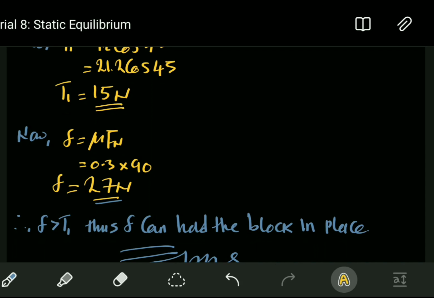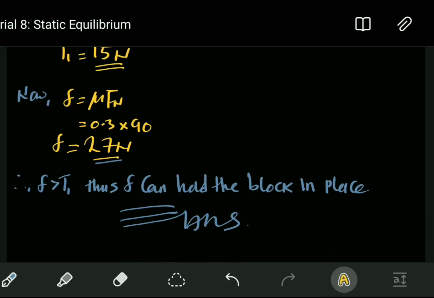So we can clearly see here that the tension T1 was 15 newtons, whereas the frictional force was obtained as 27 newtons. Therefore, it is shown that the frictional force is greater than T1, and therefore it is capable of holding the system in place.